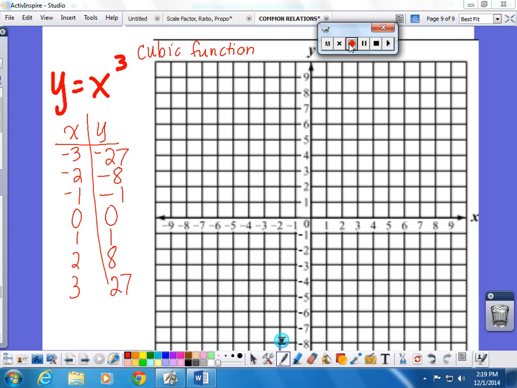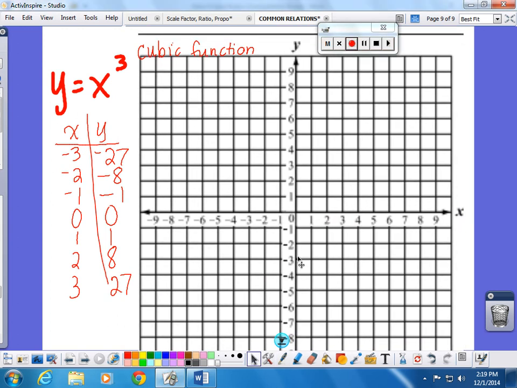Now, I don't think we're going to be able to graph -3, -27 unless we tape some graph paper together, but I just want to show you how quickly this graph gets huge, all right? So I've got -2, -8. -1, -1, 0, 0, 1, 1, 2, 8.